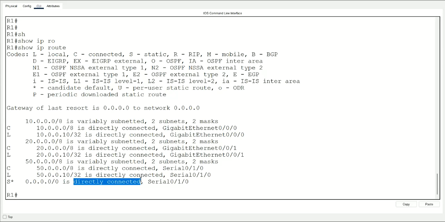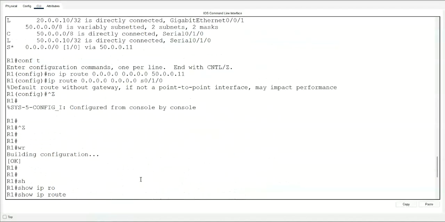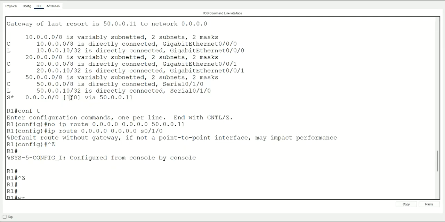When you give the IP address of the next router, you will have what? 1. Now what is the name of this number? It is called administrative distance. It is called what? Administrative distance.